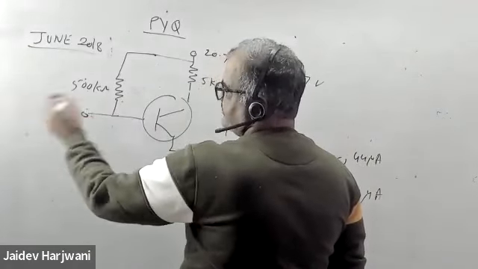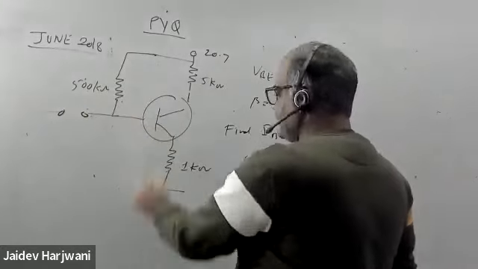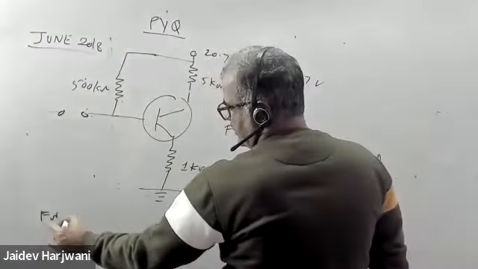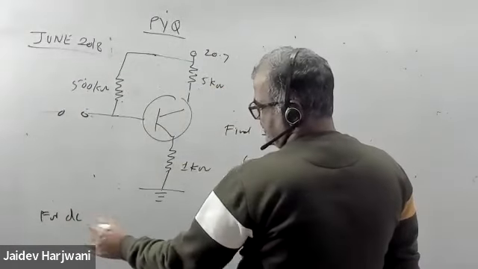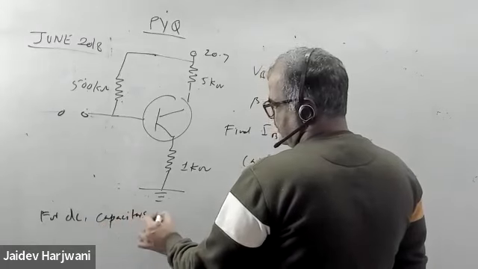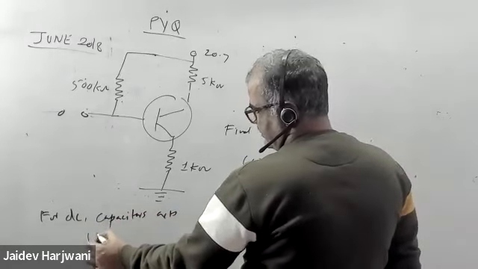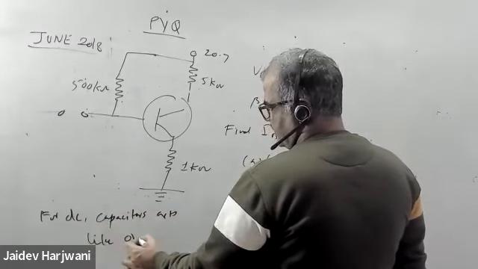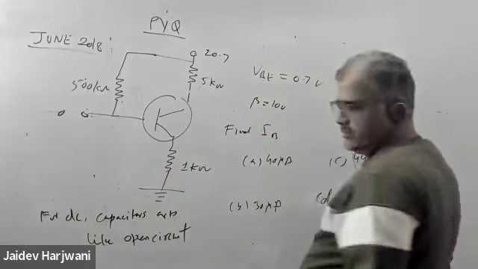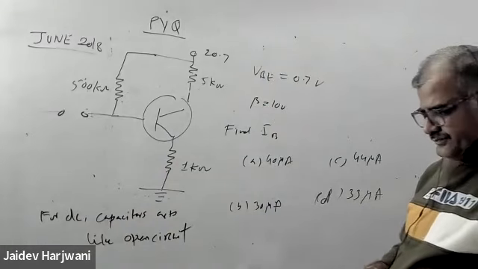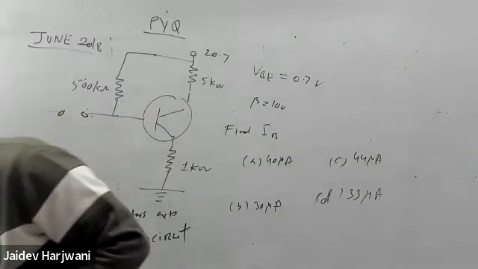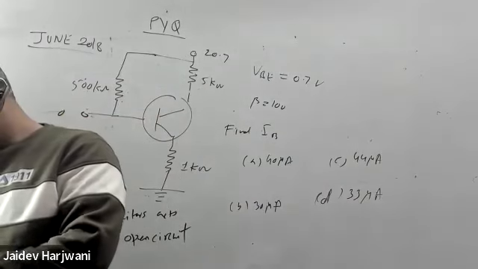No current will flow there, so you have a simple DC circuit. You can write: for DC, capacitors act like an open circuit. So no need to worry about capacitors. Tell me what is the IB value?